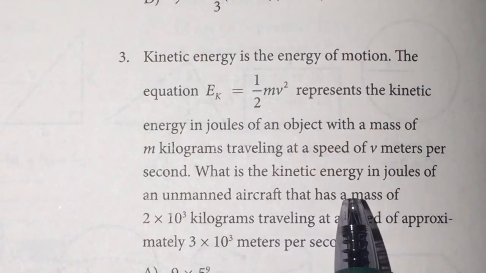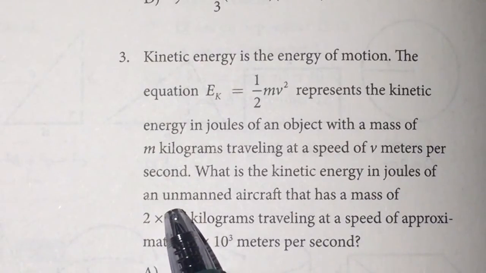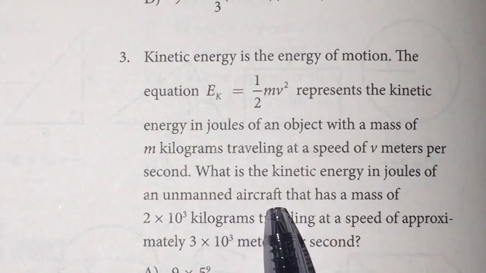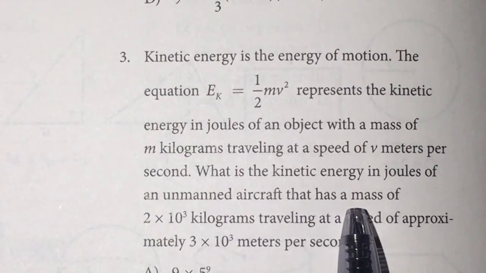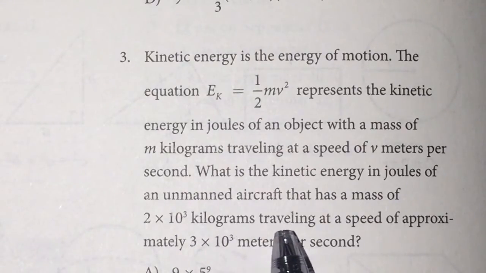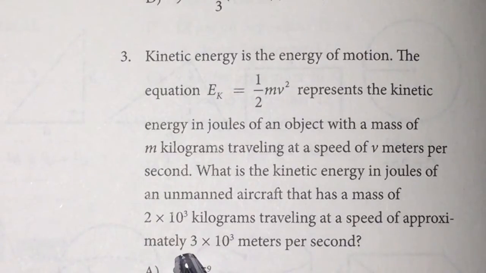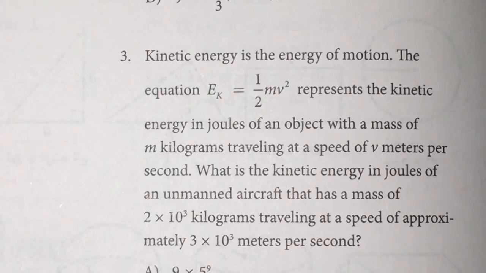What is the kinetic energy in joules of an unmanned aircraft that has a mass of 2 times 10 cubed kilograms, traveling at a speed of approximately 3 times 10 cubed meters per second?